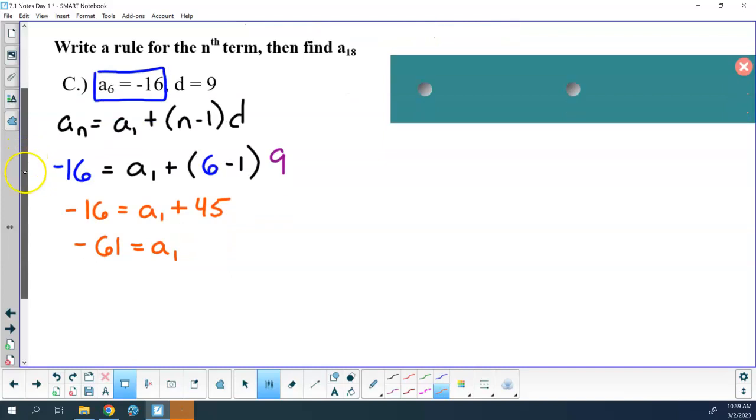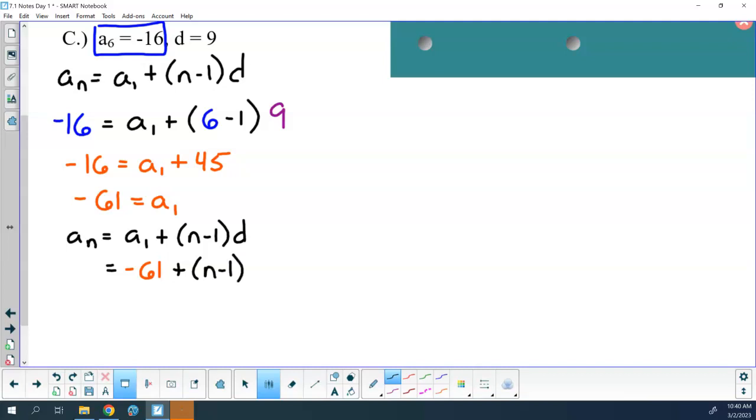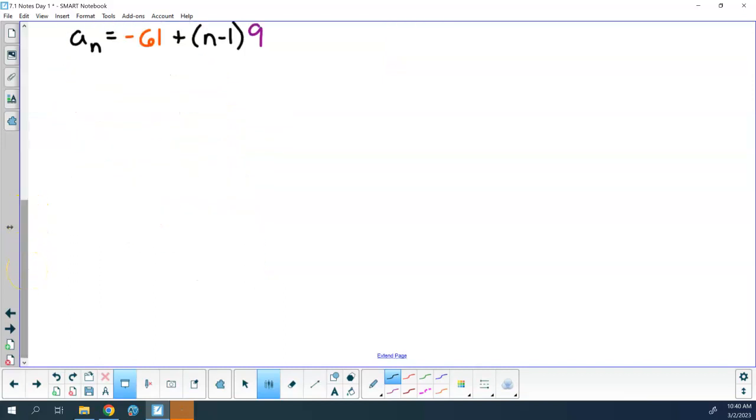Okay. Now I can go back to that, and now I can say my first term is negative 61. My common difference is 9. Scroll down just a little bit.